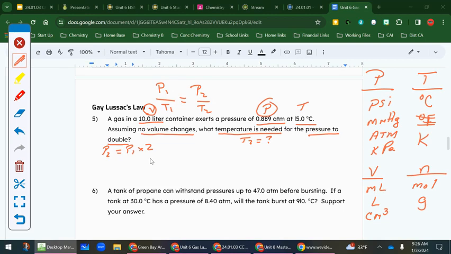Okay? You are always able to find 3 out of these 4, if you can't do the problem. So, here's a P, here's a T, here's a P2. I can plug it in, and I'm solving for T2.